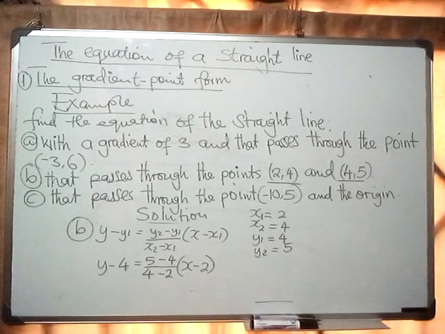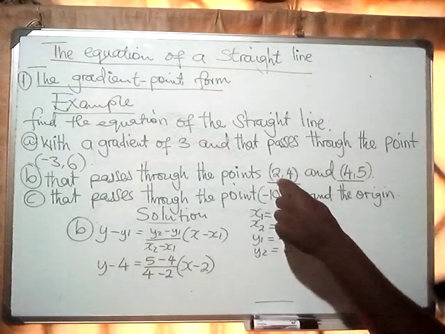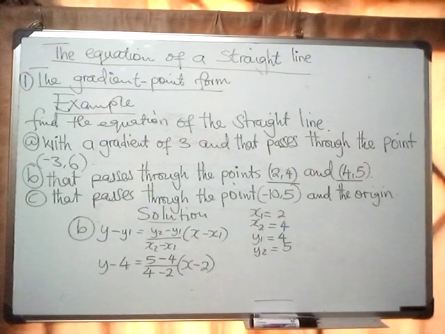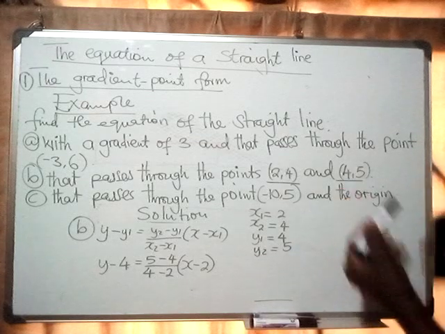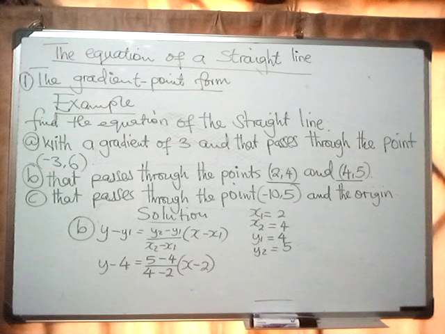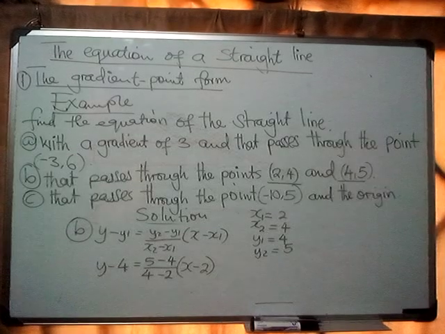It depends on which coordinate you want to choose as your first and the other one to be your second. If you chose this one as your first, our y1 would have been 5. So let's see how we can handle this one.